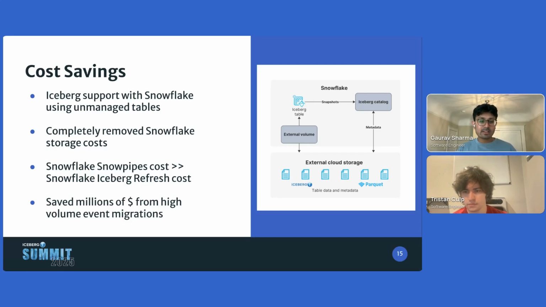But you can see the cost of doing this sync is significantly less than if we had actually ingested that data into Snowflake via Snowpipe. So there's significant cost savings we've realized here, and in fact we've saved in the orders of many millions of dollars from just migrating some of our highest volume events from our original native pipelines to our new Iceberg format pipelines.